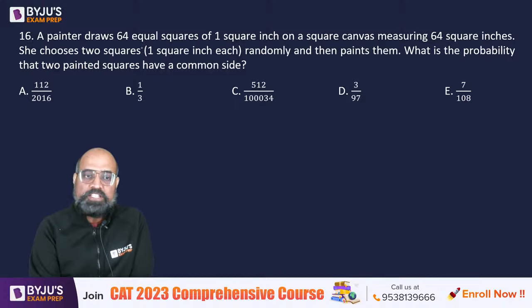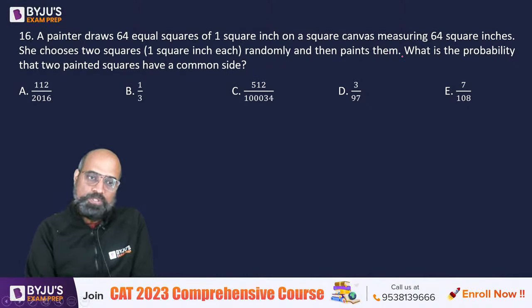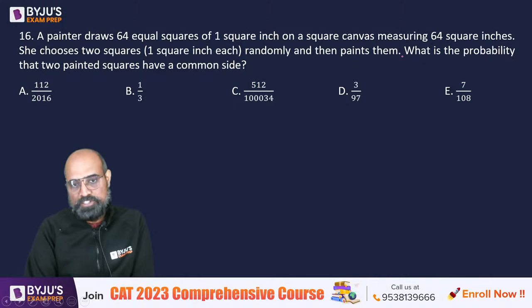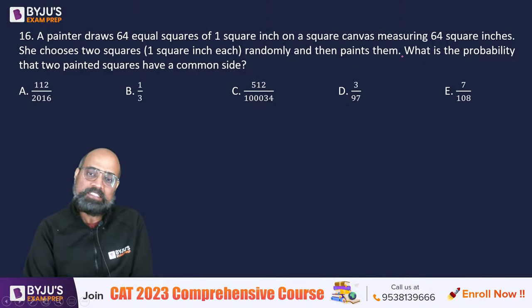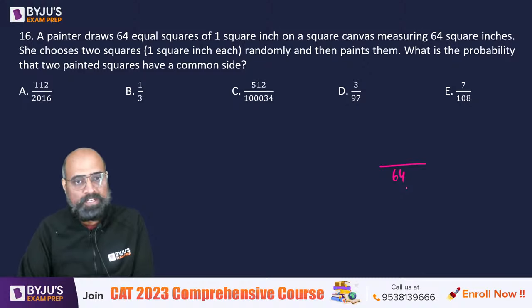A painter draws 64 equal squares of 1 square inch on a square canvas measuring 64 square inches. She chooses 2 squares, 1 square inch each, randomly, and then paints them. What is the probability that the 2 painted squares have a common side? So the denominator of this probability is going to be, we do have 64 squares, right? 64 में से कोई भी दो उठाने का.